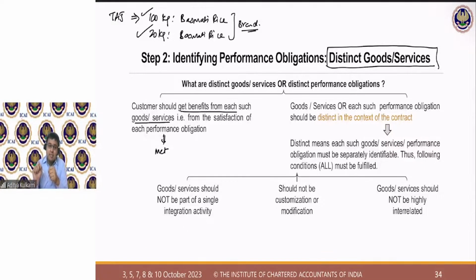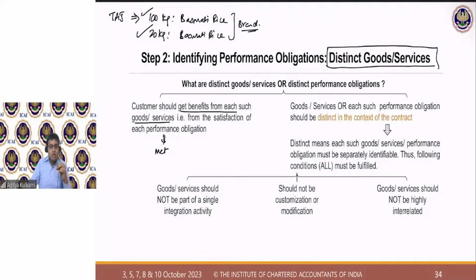They are distinct because Taj is benefiting separately from 100 kg and Taj is also benefiting separately from 20 kg. Sir, but the goods are same. Where are we talking about different? We are talking about distinct. They are distinct from each other in the context of the contract.